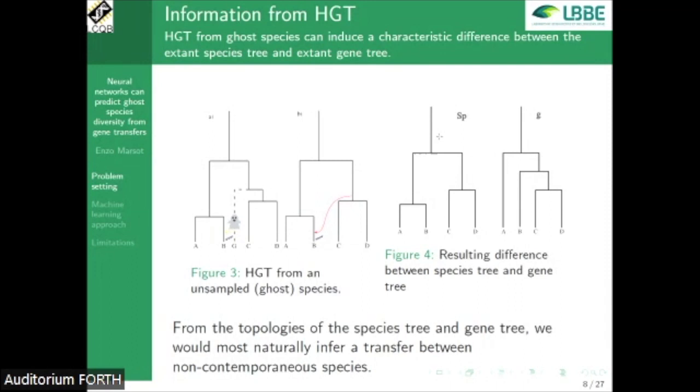So there are two remarks we can make. First, there is a discrepancy, as in the previous example, between the species tree and the gene tree. But this time, if we reconcile the topologies of the two trees, we will actually infer a transfer between this species, so this one, and B. But this is impossible because they have never lived together.